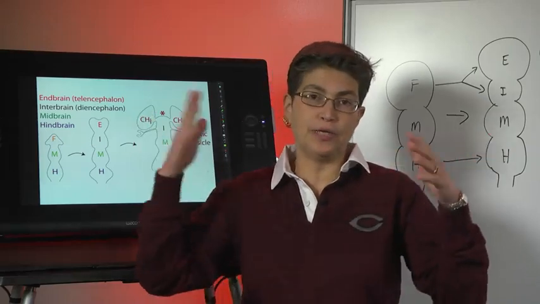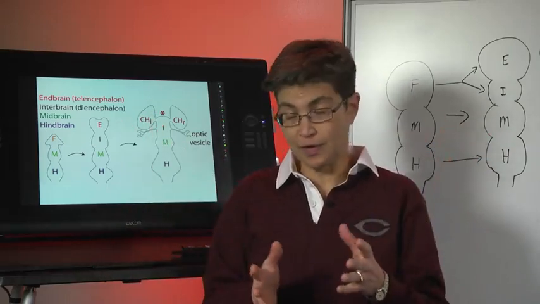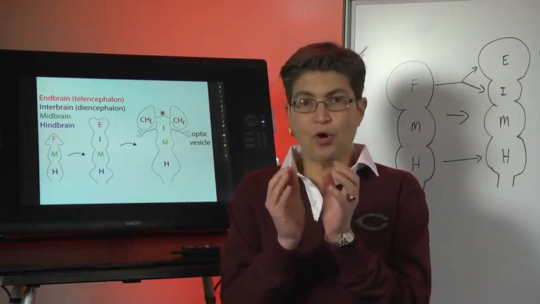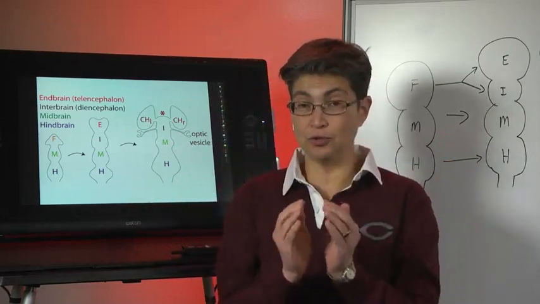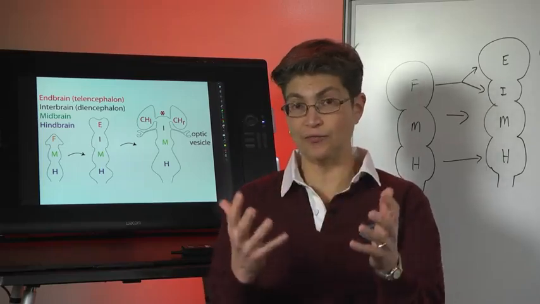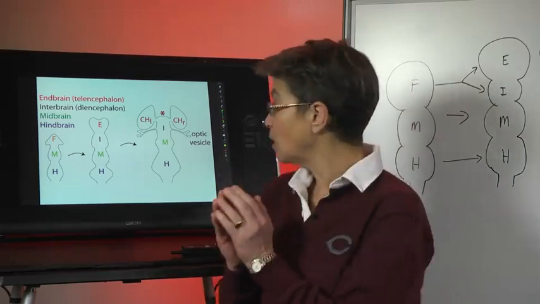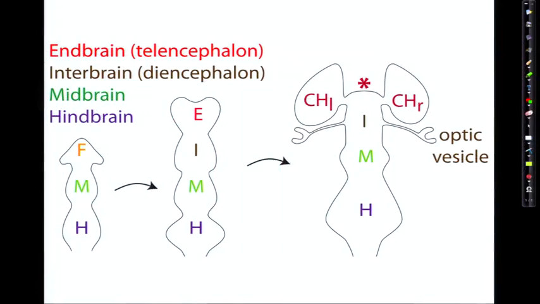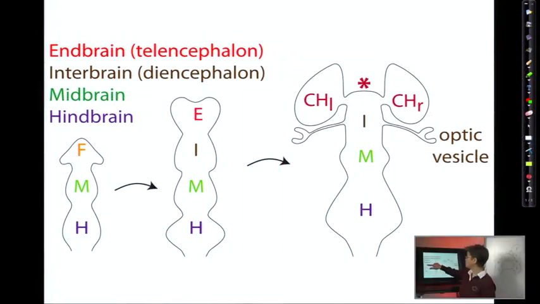At that point, the front end of the neural tube already has swellings called vesicles. These swellings are very stereotyped, so at first there are three: the hindbrain, the midbrain, and the forebrain. These swellings are going to become the hindbrain, midbrain, and forebrain.